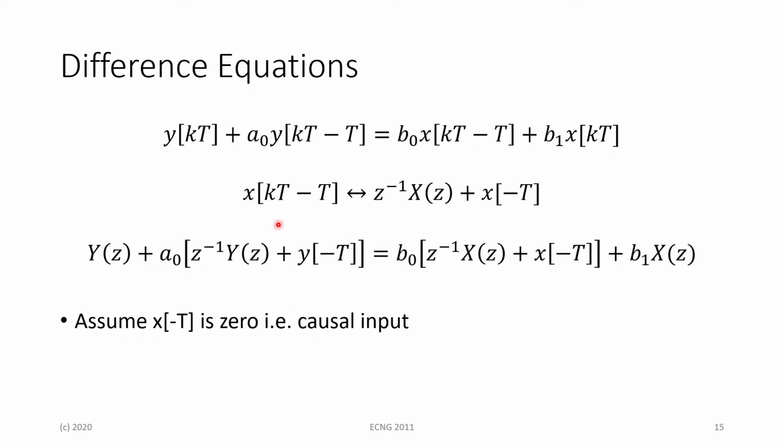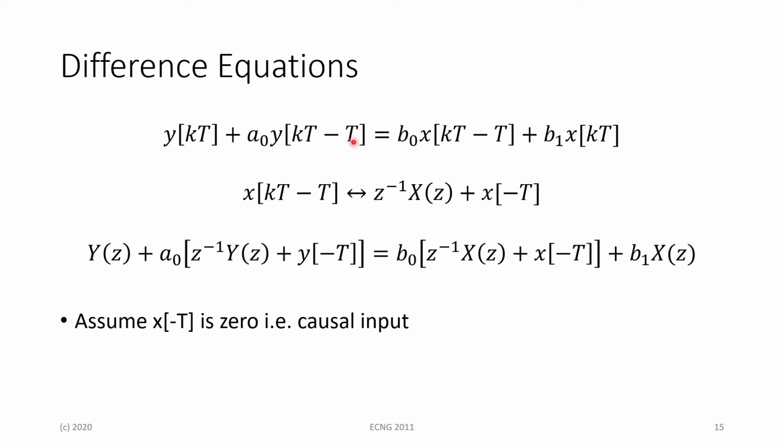In applying the shifting property here to these signals that we just now delayed by an instance of t, knowing that we only have to cater for a delay of one sample, we can map our transform from the difference equation accordingly using this property of x of kt minus t that we just now observed. So y of kt here becomes y of z. A naught being a constant factor remains on the outside.